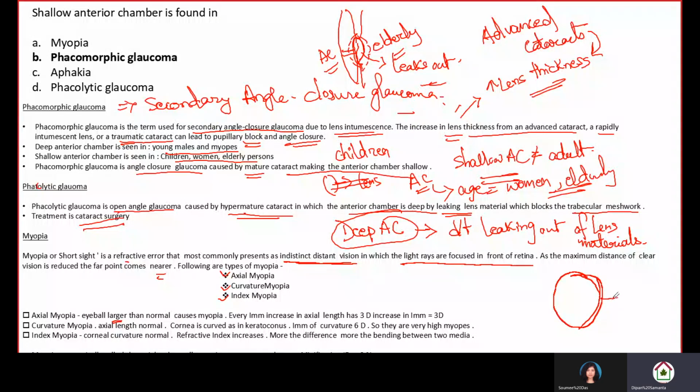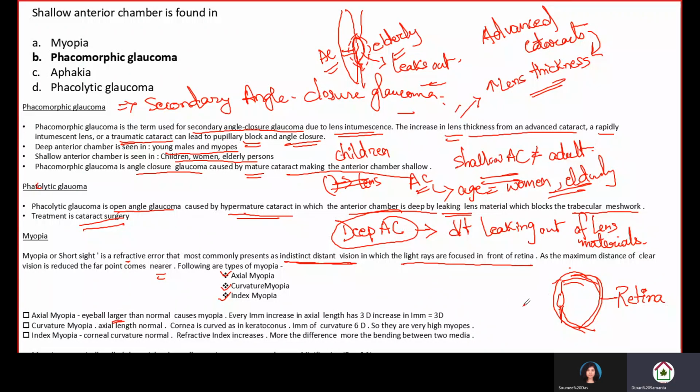If this is the retina, and this is the lens, now if the curvature becomes more curved or larger, meaning the eyeball becomes bigger, what happens?